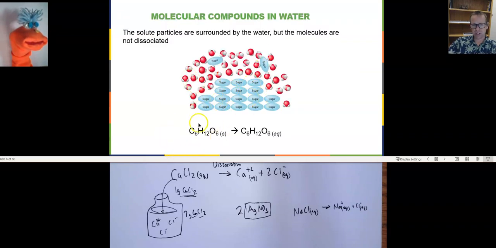Molecular compounds like sugar dissolve as well. Water molecules separate the sugar molecules from each other, and a solid sugar will result in aqueous sugar. What do you think? If I put sugar into water, will it allow conductivity? Will it result in electricity being able to pass through the resulting solution? Well, I don't think so. I remember we said that only ionic compounds, so that's molecular, right?